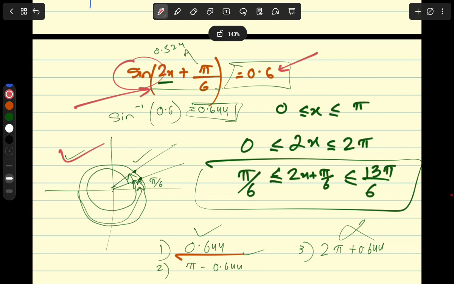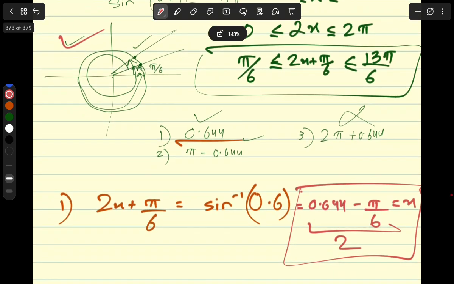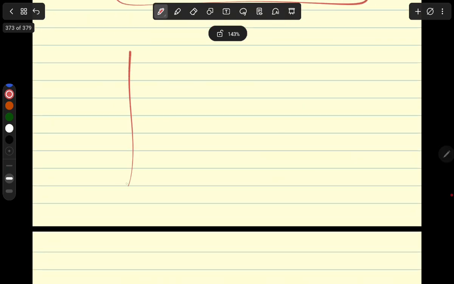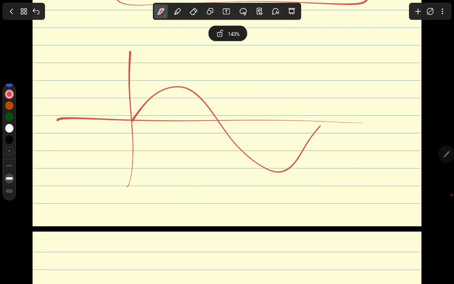So graphs don't care whether you measure angles in degrees or in radians, because the graph of sine behaves in the same manner. So this could be 2 pi in radians or 360 in degrees. This could be 180 in degrees and pi in radians, right? So the graph doesn't change whether you put your calculator in the radians mode or keep it in the degrees mode, right? So this is how you solve this entire thing.